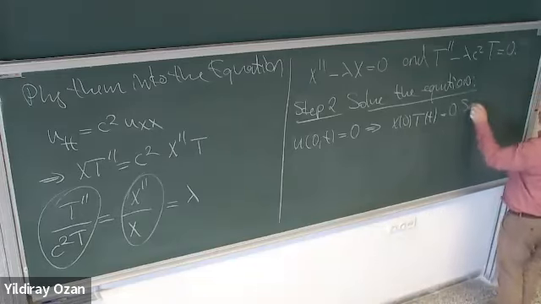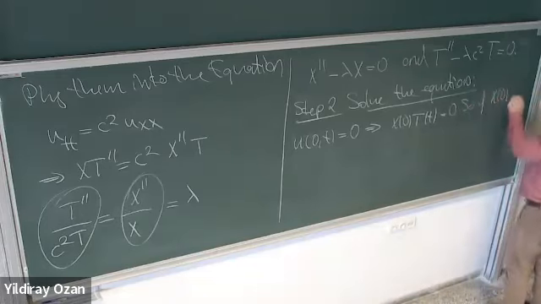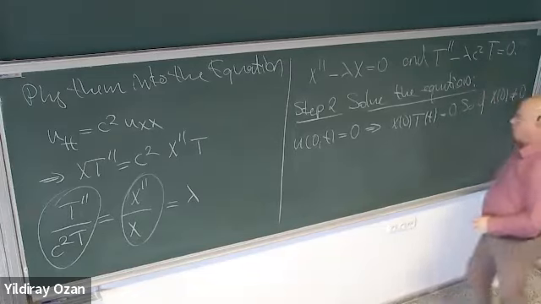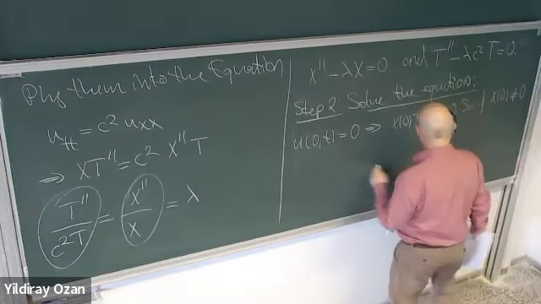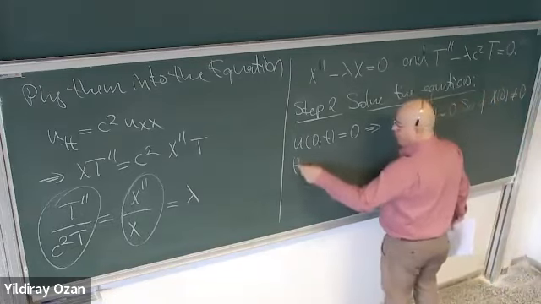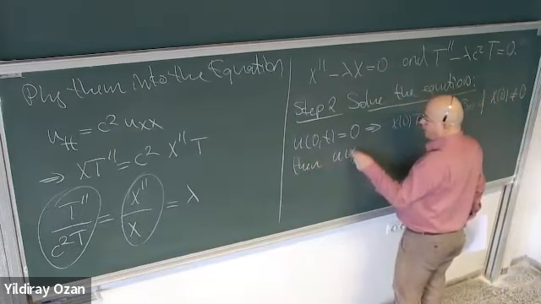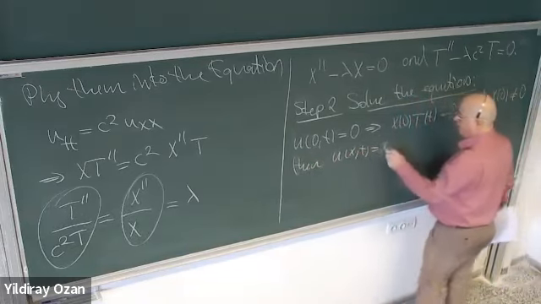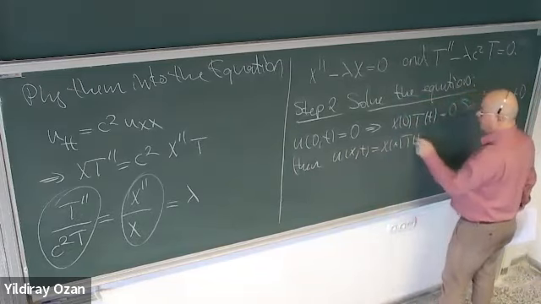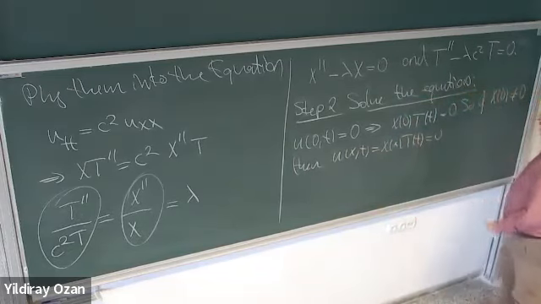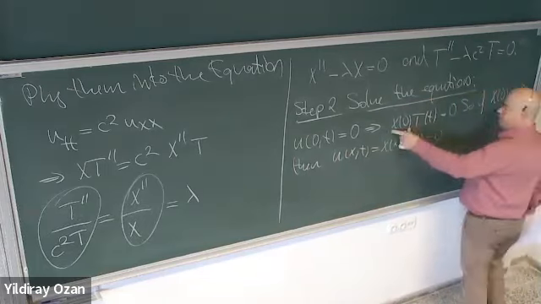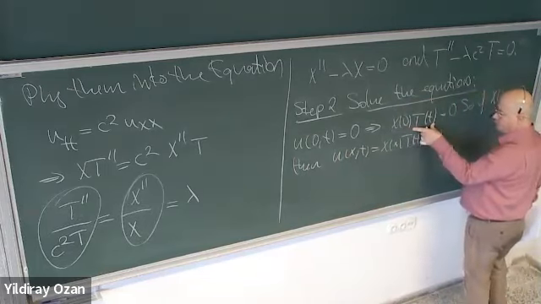So u of x, t, which is x of x times t of t, would be 0, because since this is not 0, the other function should be 0.